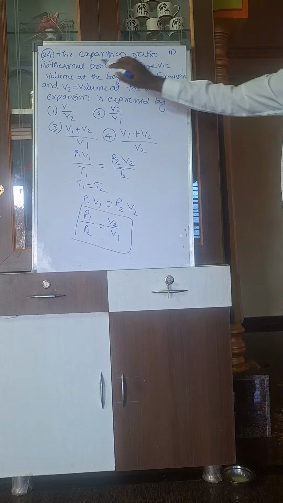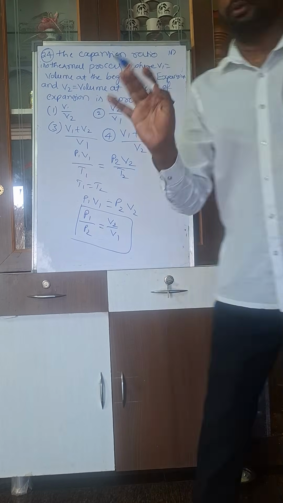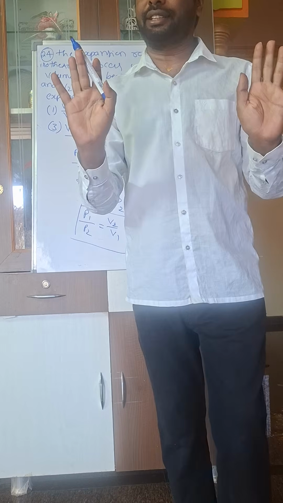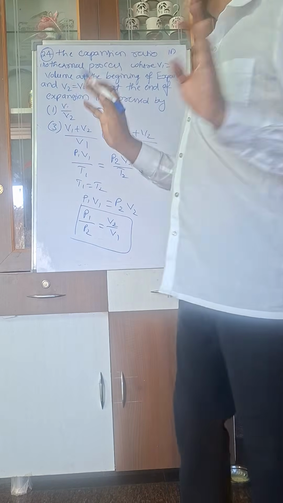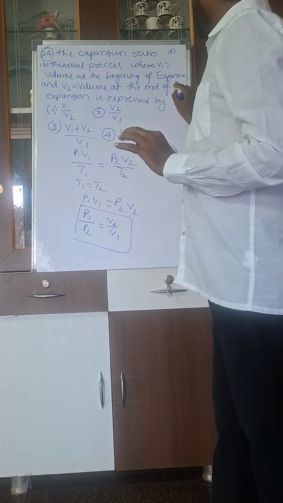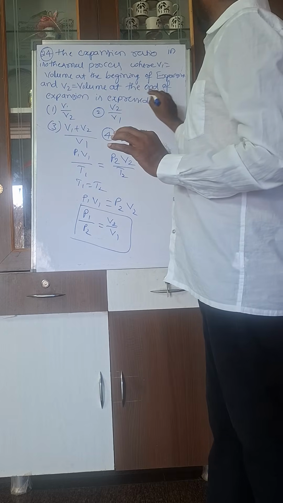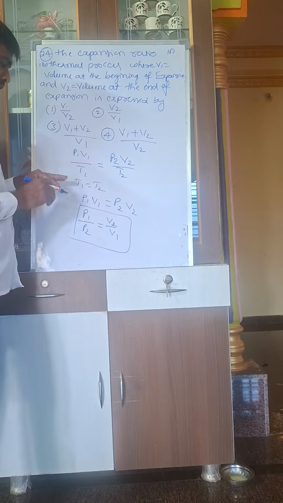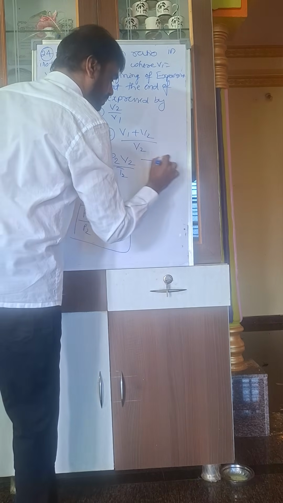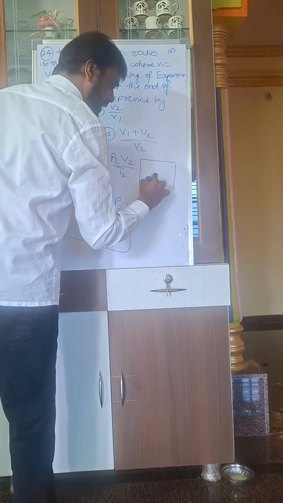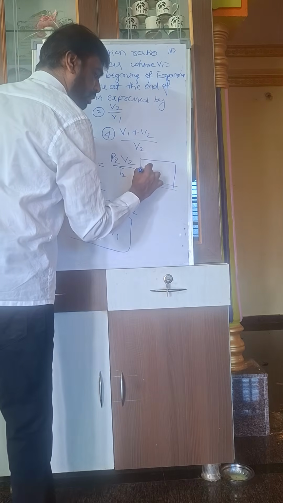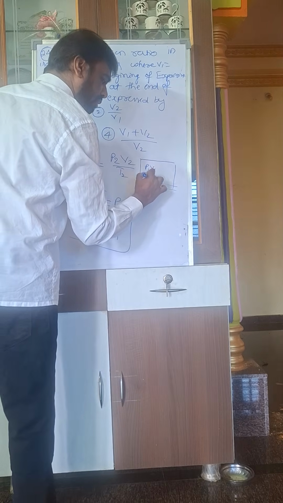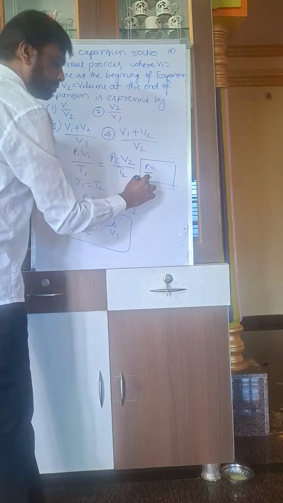See, the expansion ratio in isothermal process: temperature is totally constant. V1 is the volume at the beginning and V2 is the volume at the end of the expansion. This is the engine. Inside it you have P1 V1 by T1 in the beginning.